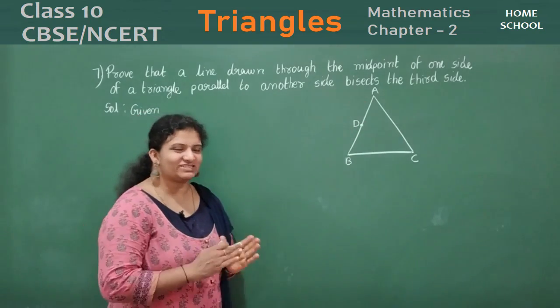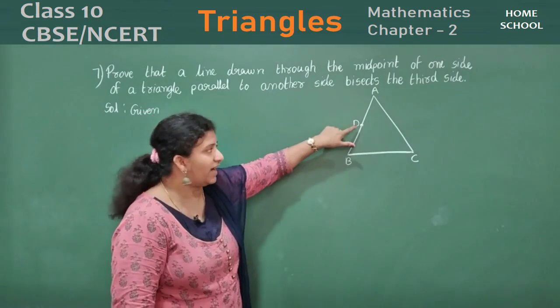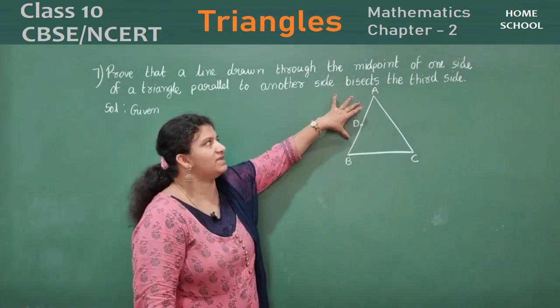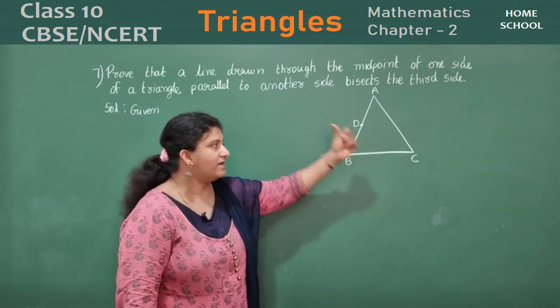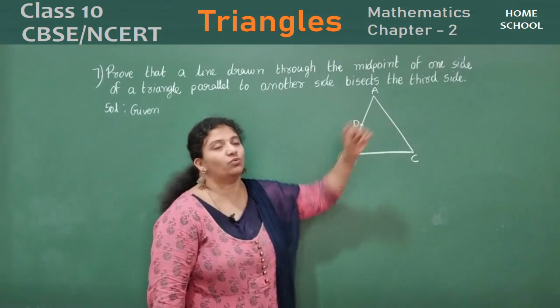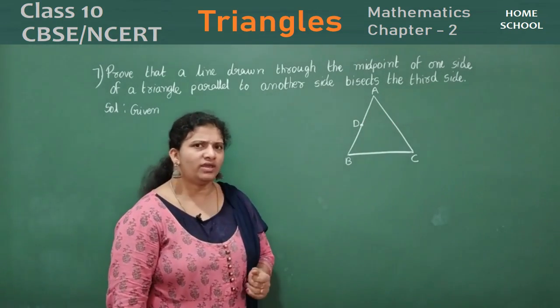Oh my God, what is this question here? One side, that line divides the midpoint, they said, means it divides equally. One side it is dividing at the midpoint. Another side it is making parallel. And another side, what does it do? It bisects the third side. What do you mean by this?